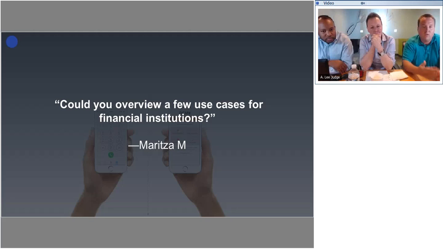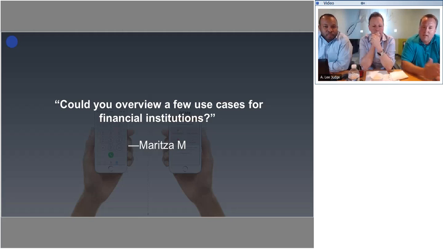So not only notify the customer of a fraudulent activity, but also allow the customer to then launch a Visual IVR interaction contextually and just verify whether or not that transaction is fraudulent. If it is, then you could take further action to remediate the issue. So just a simple outbound use case for Visual IVR related to financial institutions.